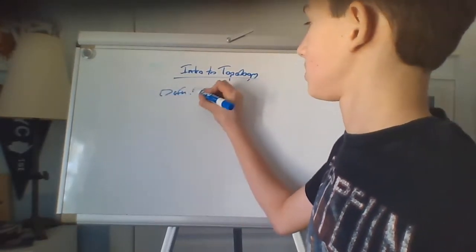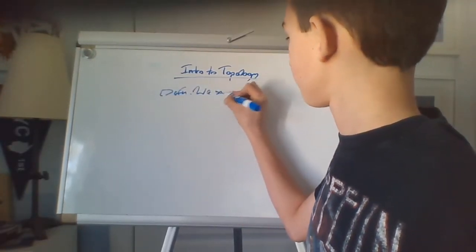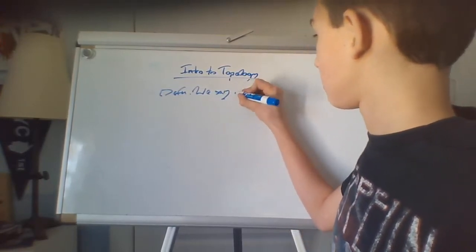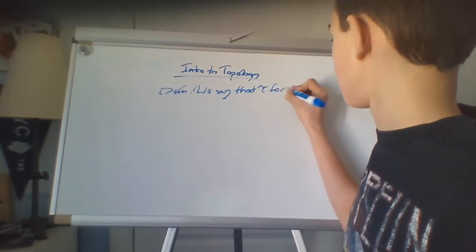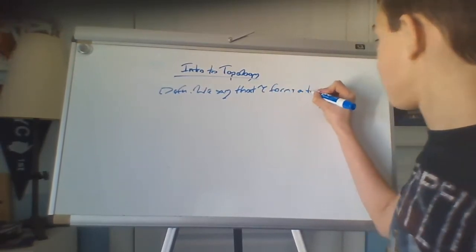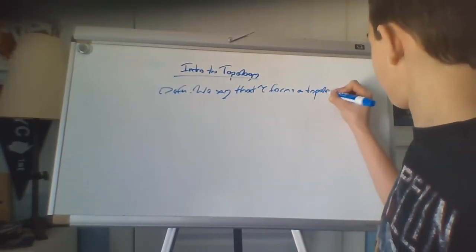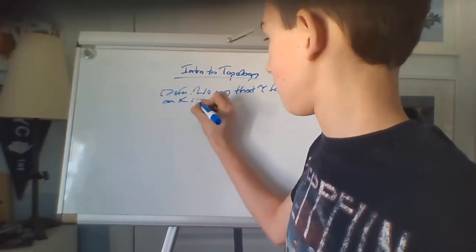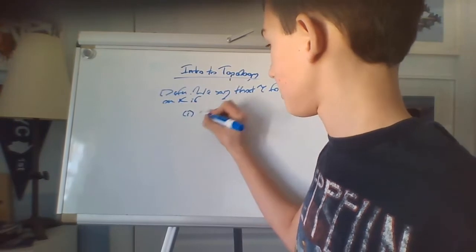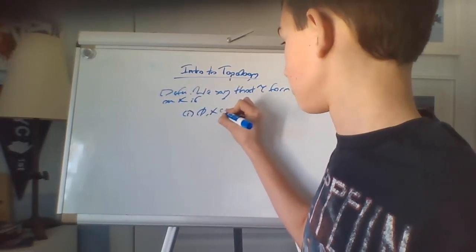So we say that tau forms a topology on X if, 1, the empty set and X are in tau.